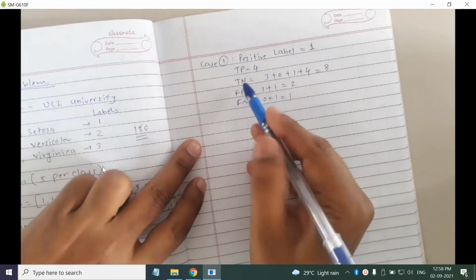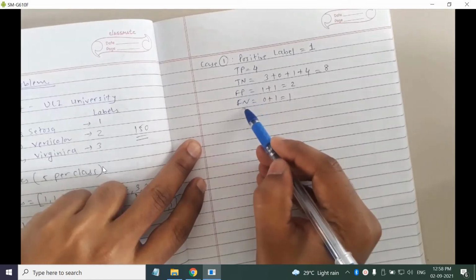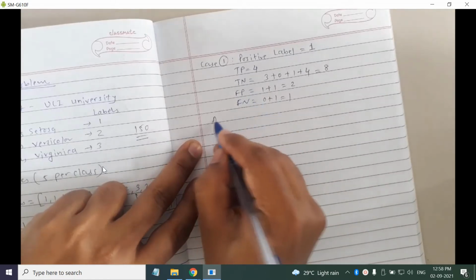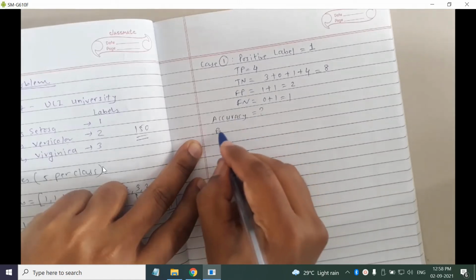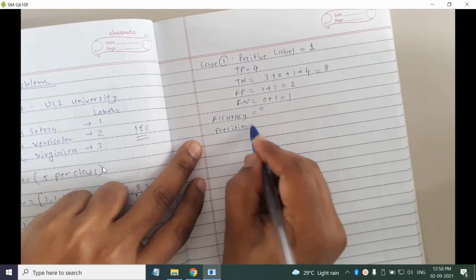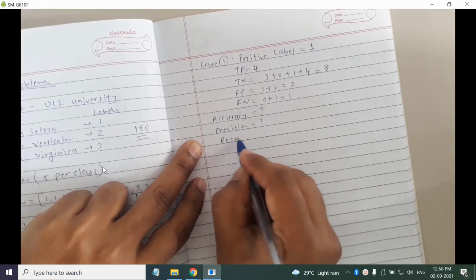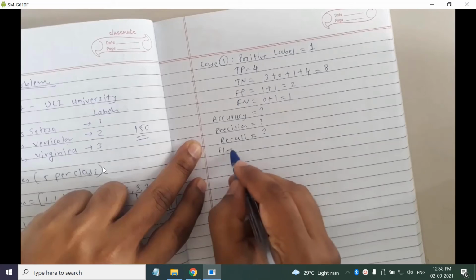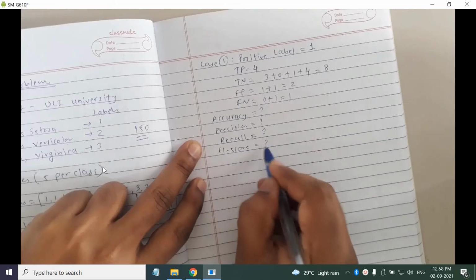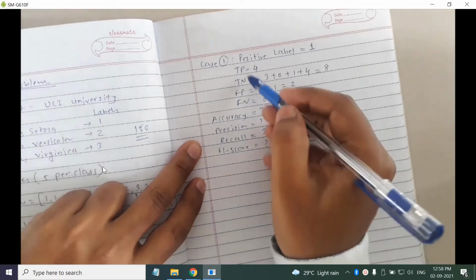Now we have the values of TP, TN, FP, FN. So we can easily find out the accuracy score, precision score, recall score, and F1 score, right? We know the formula, we require only these values.